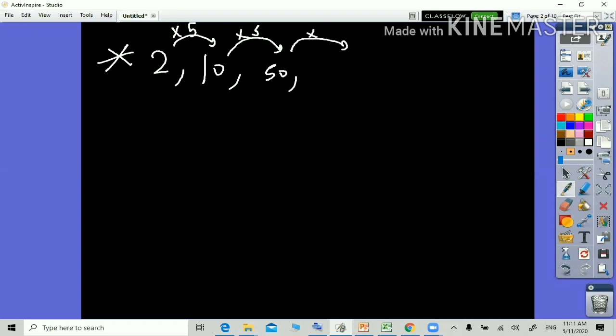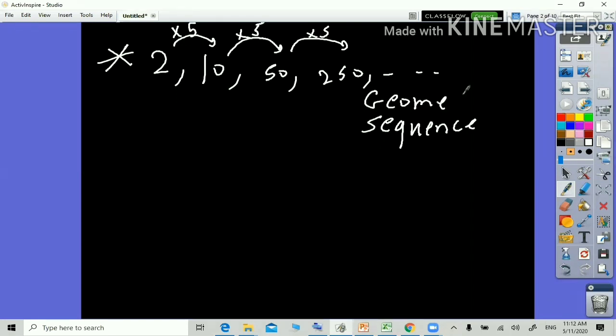Multiply by 5, 250, and so on. Here each time I multiply, I don't add. What is the name of that? It's also a sequence, but I will call it a geometric sequence. So if you multiply, it's called a geometric sequence.